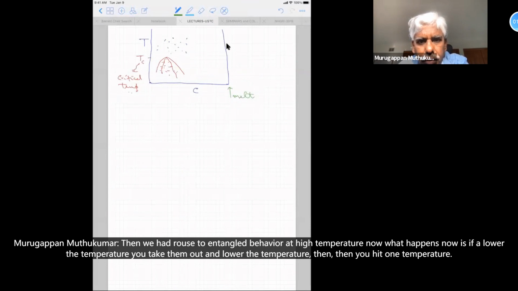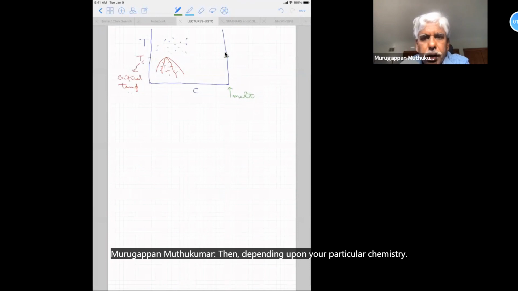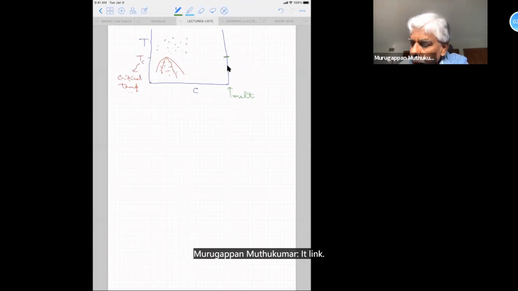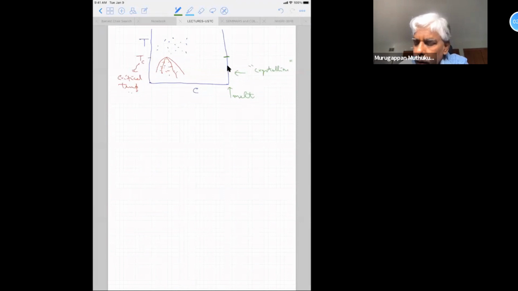Now what happens if I lower the temperature, you take the melt and lower the temperature, then you hit one temperature, depending upon your particular chemistry, below which it'll make a "crystalline" phase. I'm going to put it in inverted commas because we're going to talk about what that is going to be. And above that is melt.